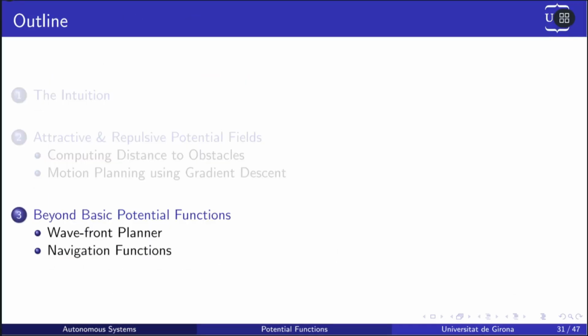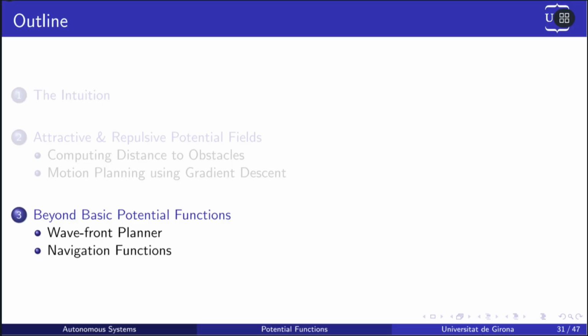Just to recap a little bit. What we have done here is first to learn to compute the attractive function, which is super simple to compute. We have seen two of them, the linear one and the quadratic one. Then we have seen how to compute the repulsive functions.